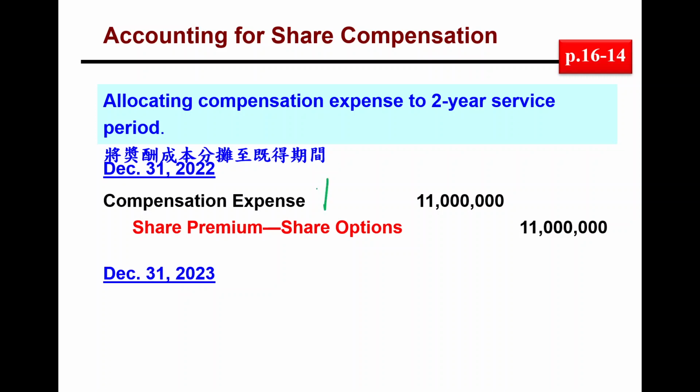Also, did you find that for the equity part, we always use share premium, but the dash will tell you for what kind of case. Share premium dash conversions is for convertibles. Share premium dash share warrants is for the transactions we sell to the market. So share premium dash share options is for compensation.